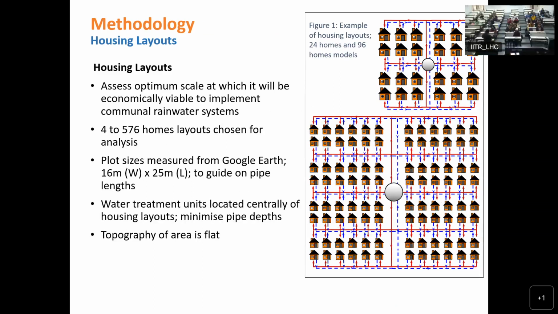We started with 4 homes in Central Honolulu. Then we took 8 homes, then 16 homes. This is the example of 24 homes.